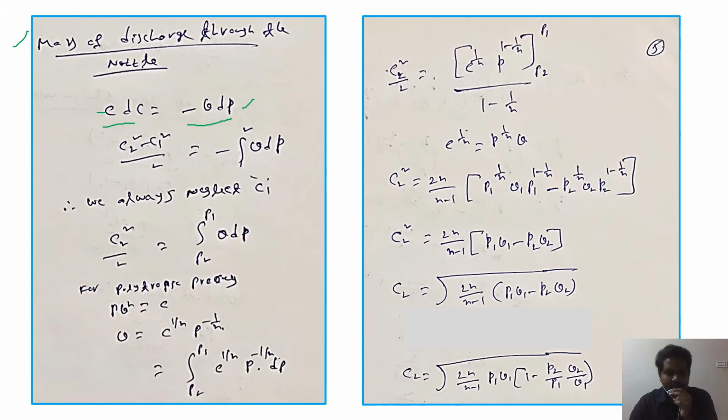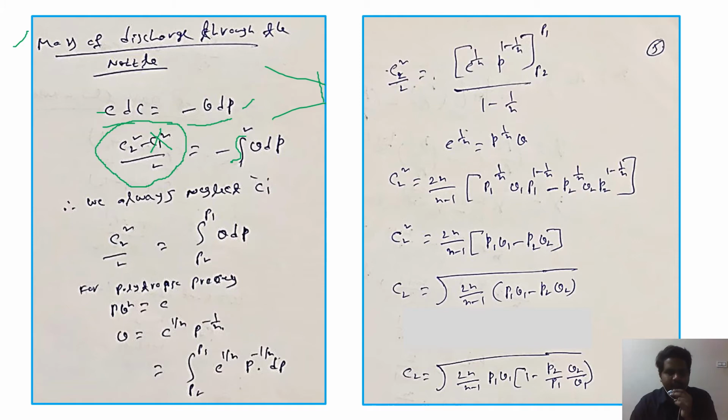C is the velocity, so we can write it as (C2 square minus C1 square) divided by 2, that is the change in kinetic energy, equals minus integral VdP. As we know, generally we neglect the velocity at the inlet of the nozzle, C1, because the velocity at the inlet of the nozzle is very small when compared to the velocity at the exit of the nozzle.